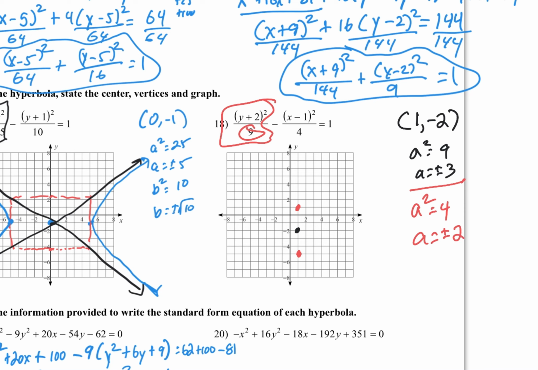That tells me I have to go right 2, put a point, and left 2, and put a point. Now it's a hyperbola, so we draw a rectangle. We draw rays from our center through the corners to create our asymptote lines.